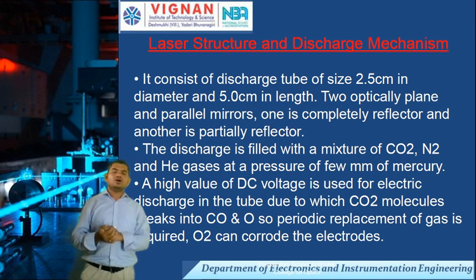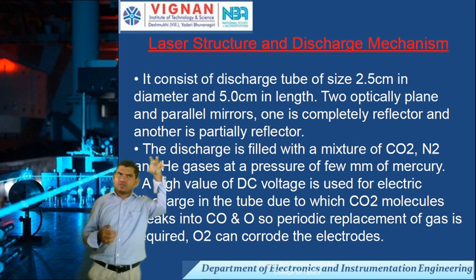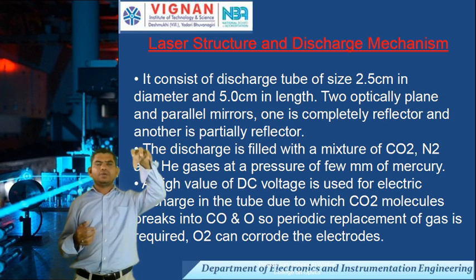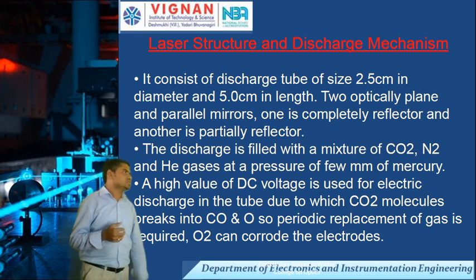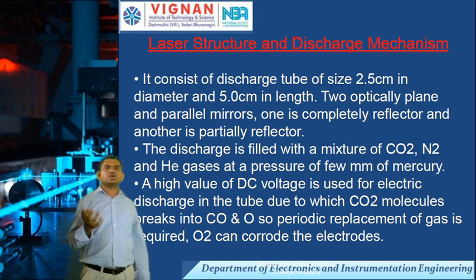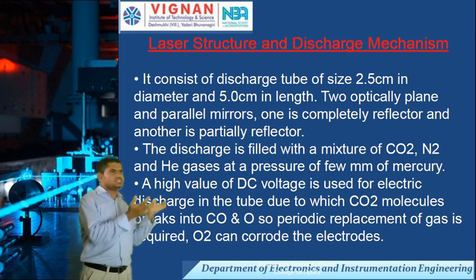Whenever we fill the helium, nitrogen and carbon dioxide, the carbon dioxide atoms do not get excited by themselves. For excitation, we have to give a supply voltage, a DC voltage.